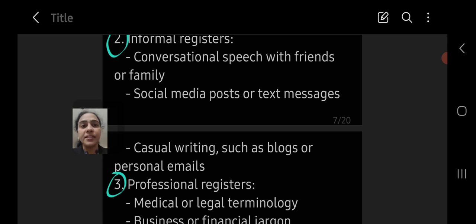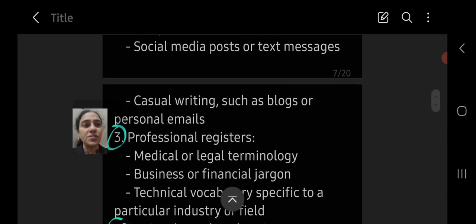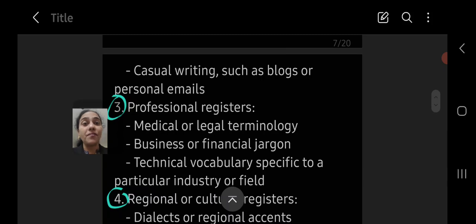Of course, there is a third type of register too, which is called professional register. Professional, by profession. The profession of a doctor or a businessman or a teacher or an industrialist. Those things which we have to record, we will call professional registers.